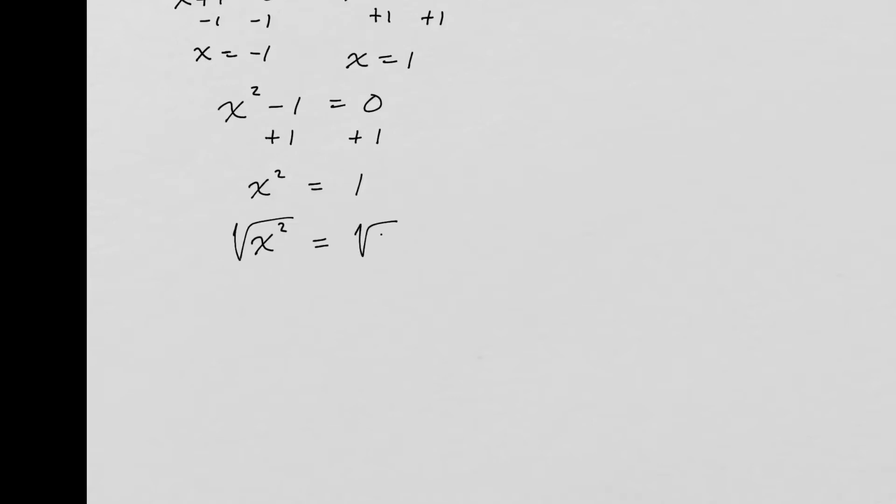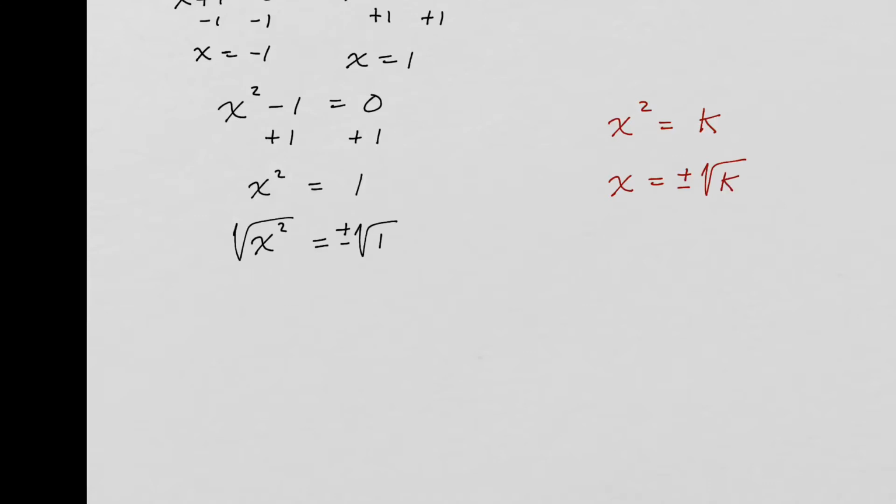And you have to remember that it's going to be plus or minus, right? So let me remind you of this on the side over here. If I have x squared is equal to k, then x is going to be plus or minus the square root of k.